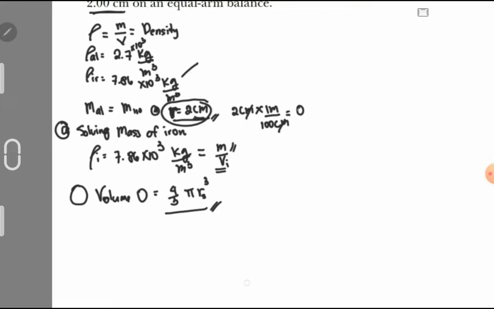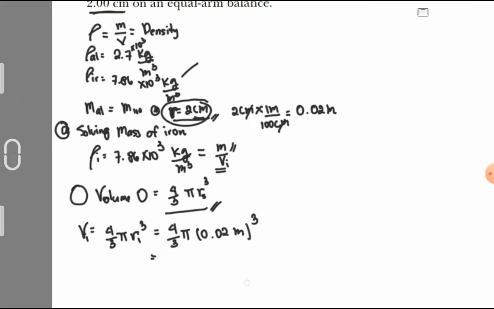So we'll have 0.02 meter. Okay? So this is the volume of my iron. 4/3 pi r cube of my iron is equal to 4/3 pi multiplied by 0.02 meter cube.